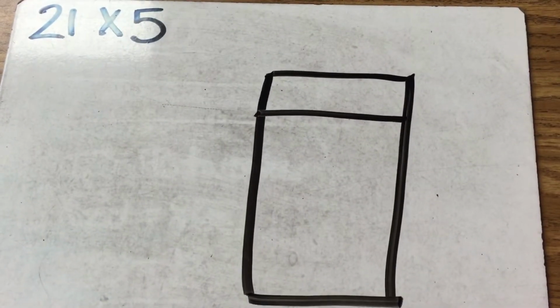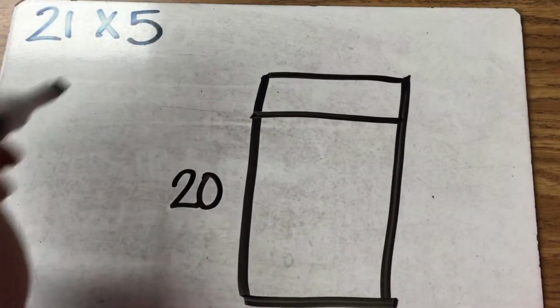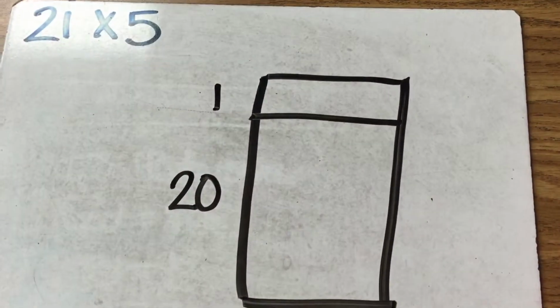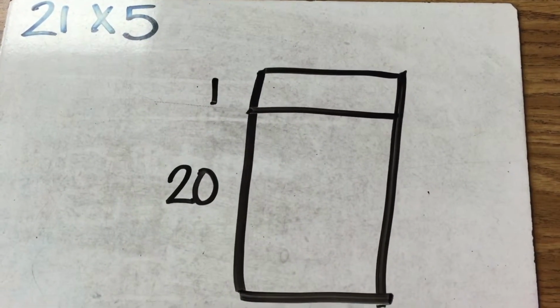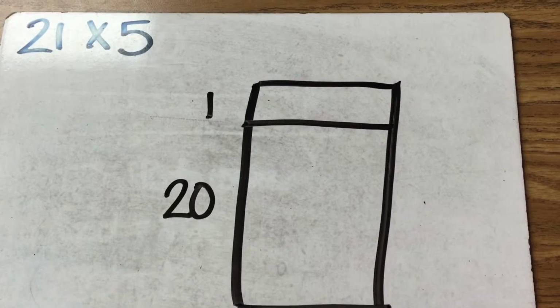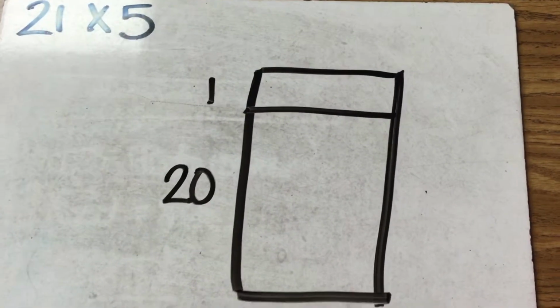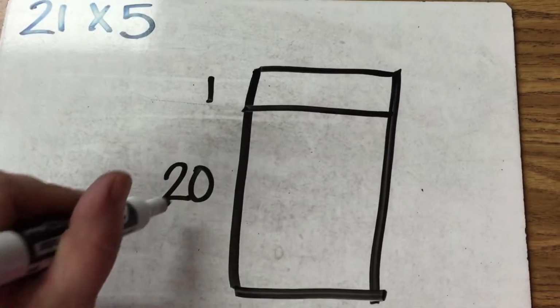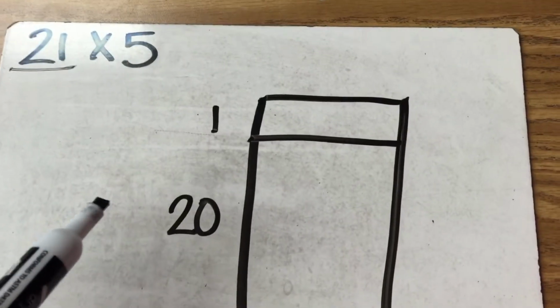If I were going to break 21 into units, I would have a group of 20 and a group of 1, because I have 2 in the tens place, 2 tens is 20, and 1 in the ones place, 1 is 1. So 20 and 1 add up to 21.